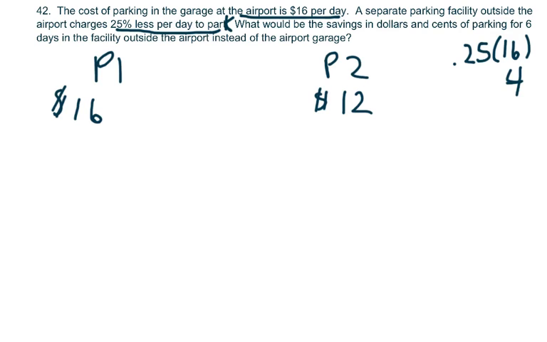Now, so this is parking 1, parking 2. It says, what would the savings be in dollars and cents for parking 6 days in each parking? So what I'm going to do is multiply this by 6 and this by 6. And when I multiply parking 1 by 6, I get 96.